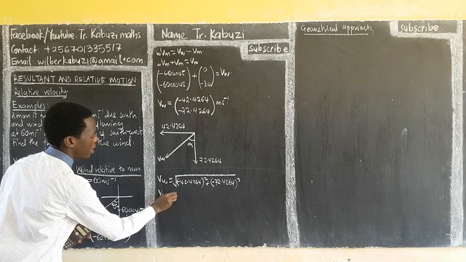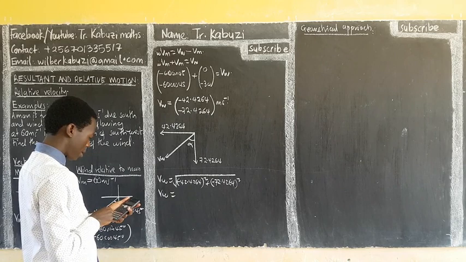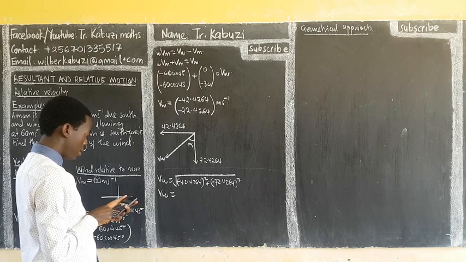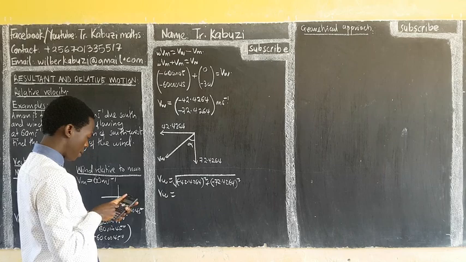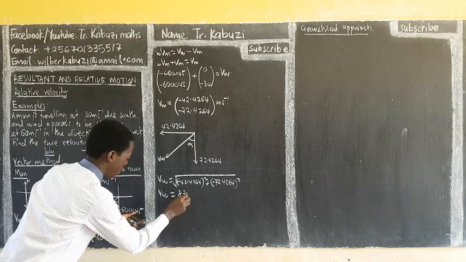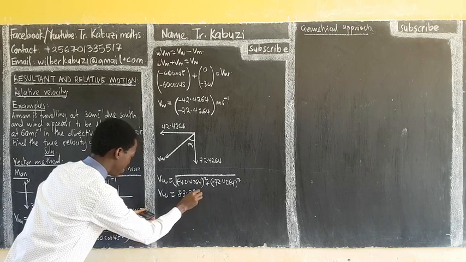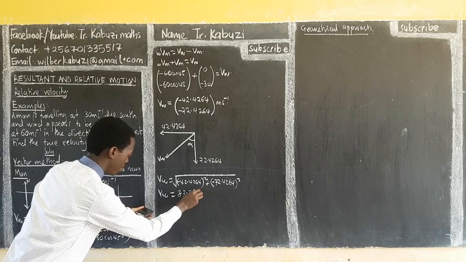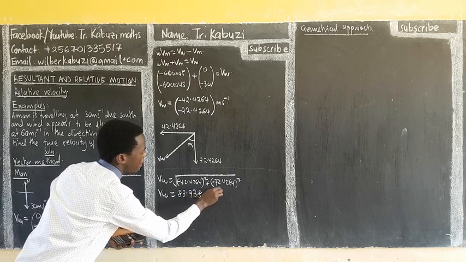So our velocity of the wind there is going to be 83.9379, which would be giving us 93.8 meters per second.